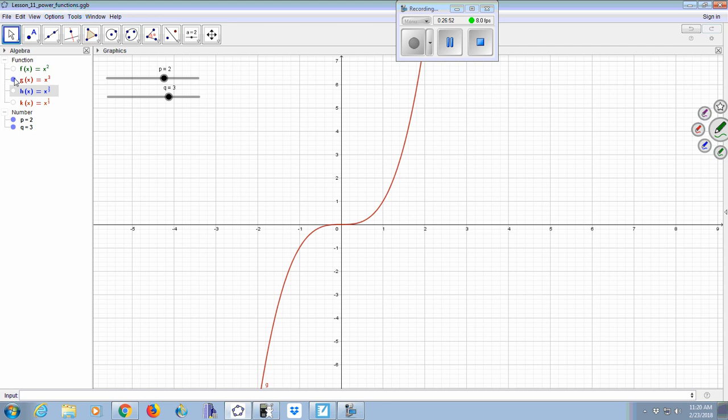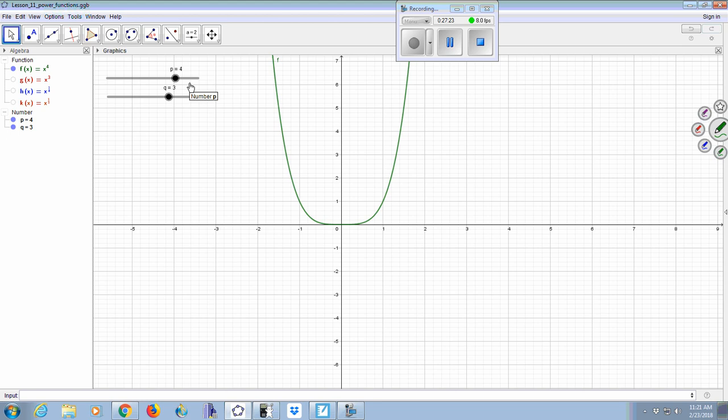Now let's move over to the positive even. There's our basic parabola, and all that happens as we increase by 2 to the next even is we get flatter and flatter. You can see the end behavior here. As x approaches positive infinity and negative infinity, our output values approach positive infinity.